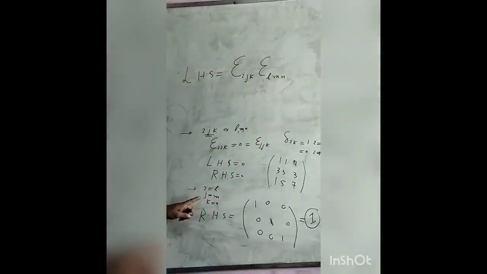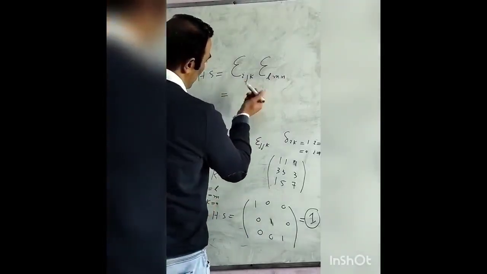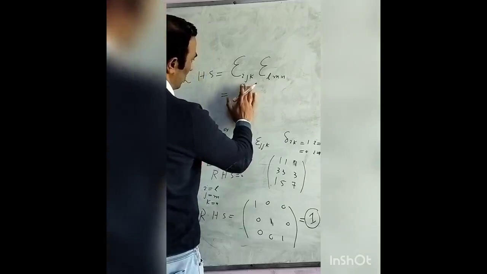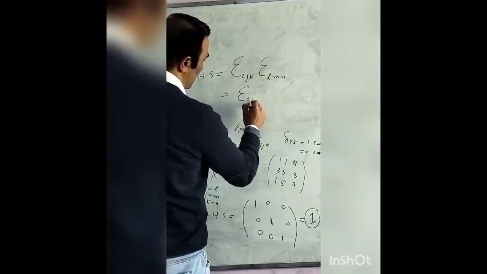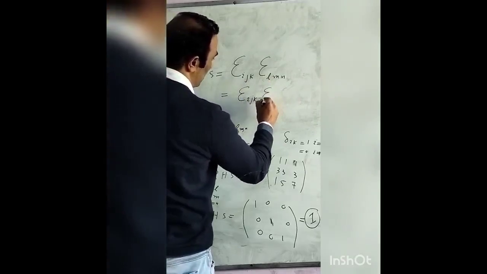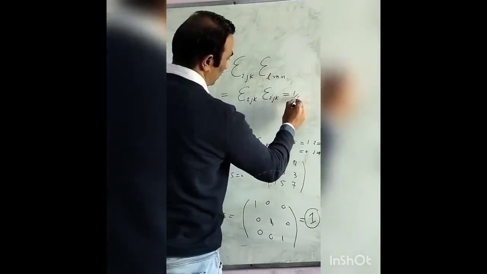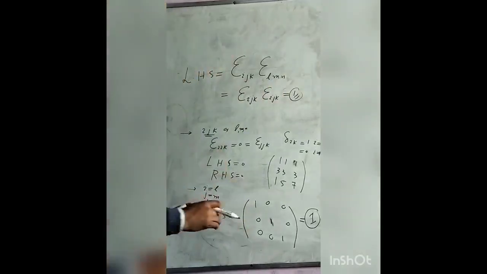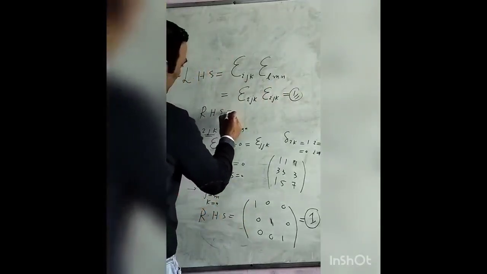So in that case, we are saying that when I equal to L, J equal to M and K equal to N, because you have epsilon ijk, epsilon ijk, this will be equal to 1, right? So in the second case also, our right hand side is equal to left hand side, right?